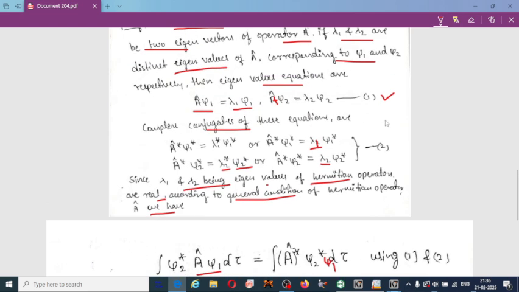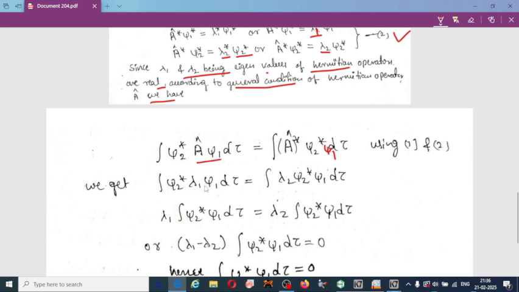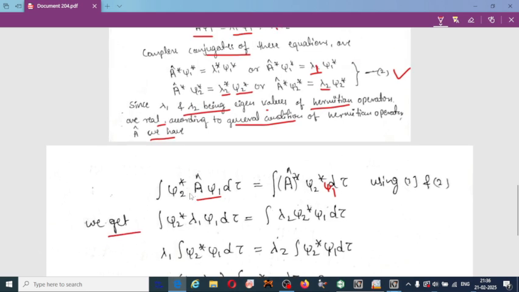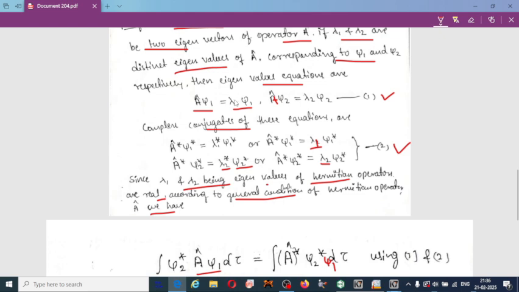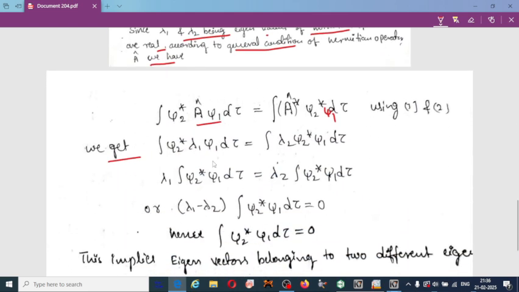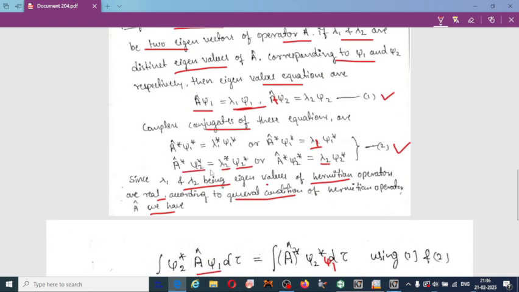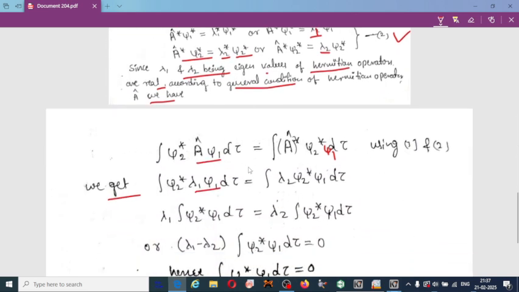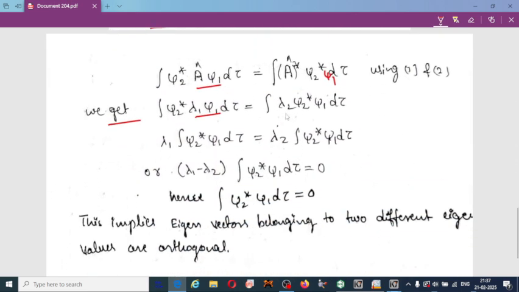So using 1 and 2, we get psi 2 star times lambda 1 psi 1 d tau, where we substitute A cap psi 1 with lambda 1 psi 1, and on the right-hand side A star psi 2 star psi 1. A star psi 2 star is what? Lambda 2 psi 2 star. So lambda 2 psi 2 star psi 1 d tau.